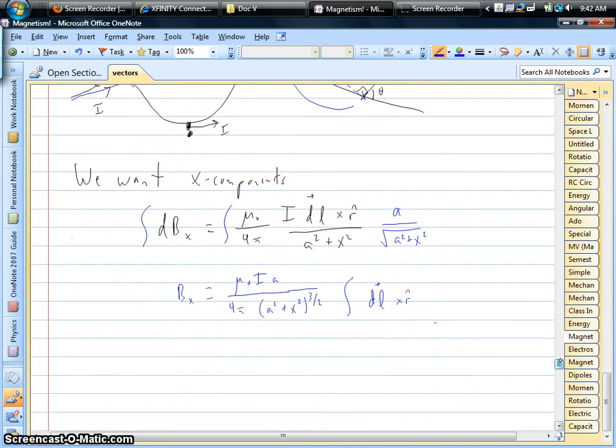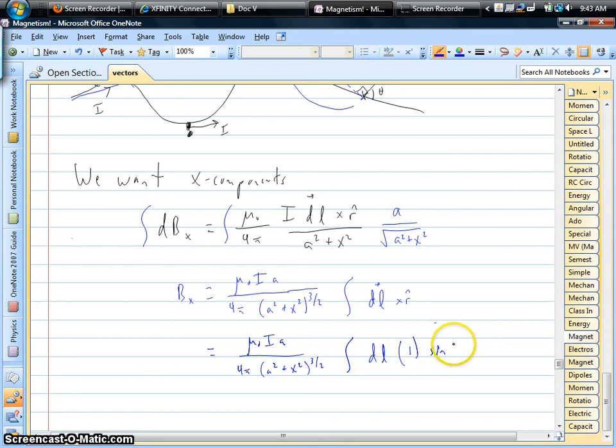Remember, to integrate a cross product, we need the magnitude. So we have all of our constants times the integral, we have our dl. The magnitude of r hat is just 1.